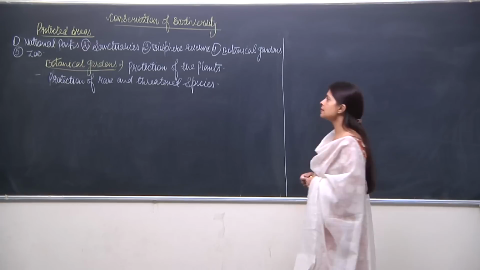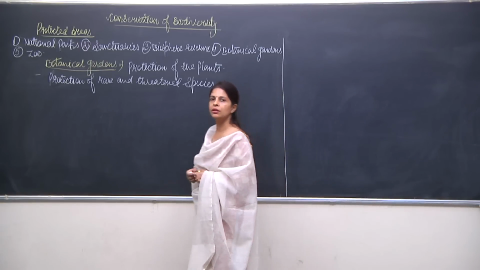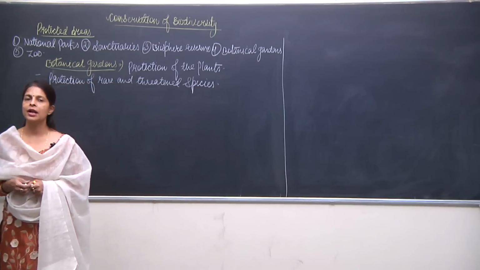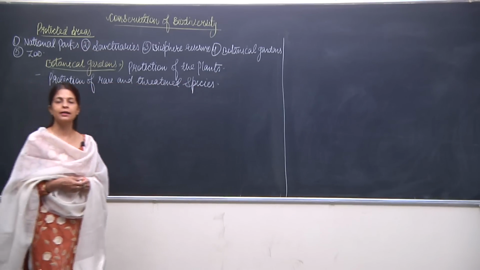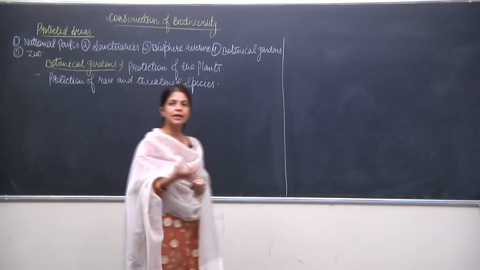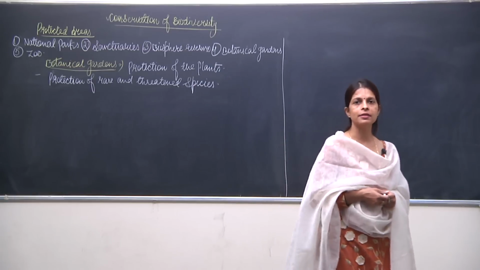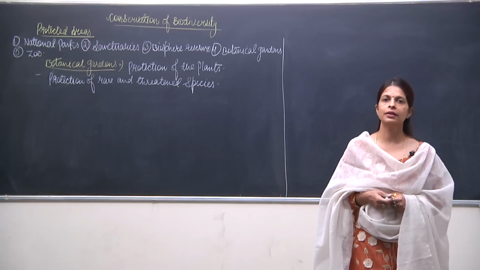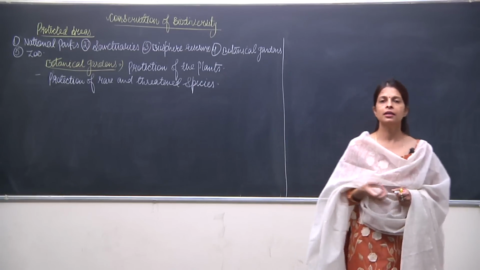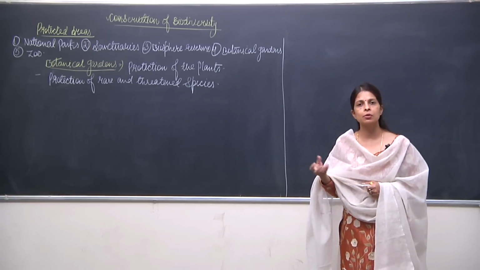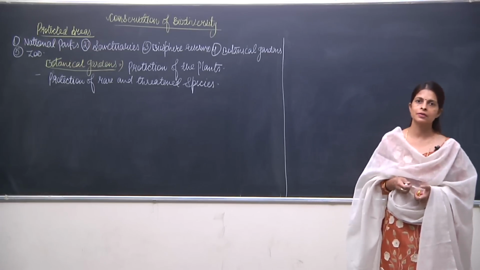And not only this, detailed study is carried out in such botanical gardens. Scientific research is carried out in the botanical gardens, and various genetic studies are also going on in such gardens.